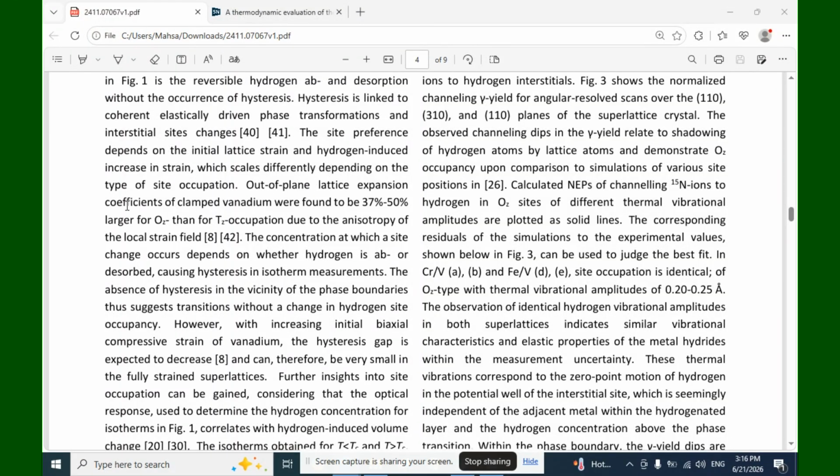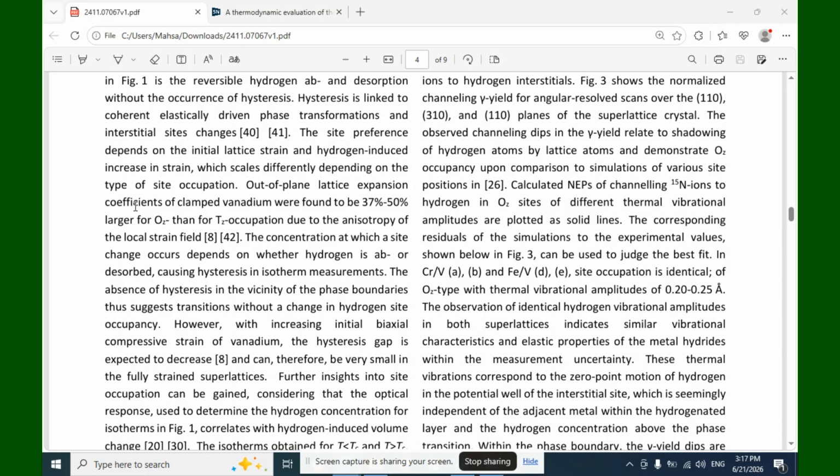Lattice expansion coefficients of clamped vanadium were found to be 37% to 50% larger for O-site than for T-site occupation due to the anisotropy of the local strain field. The concentration at which a site change occurs depends on whether hydrogen is absorbed or desorbed, causing hysteresis in isotherm measurements.